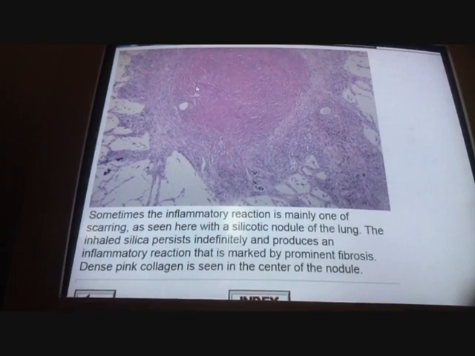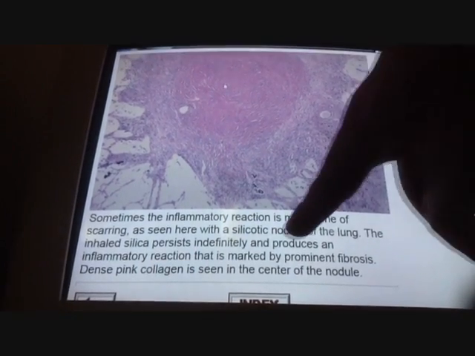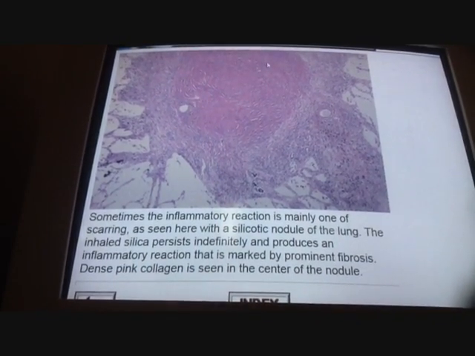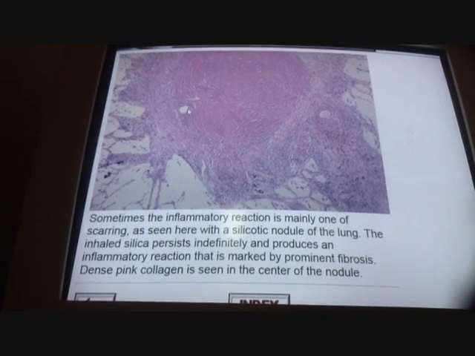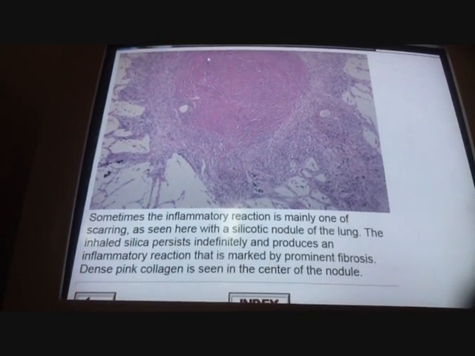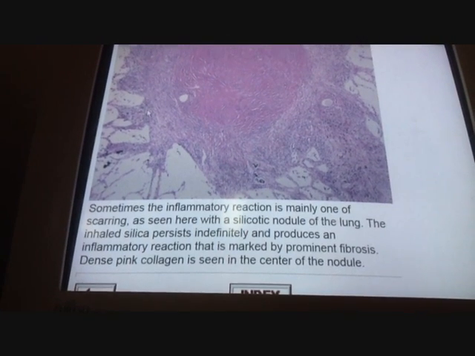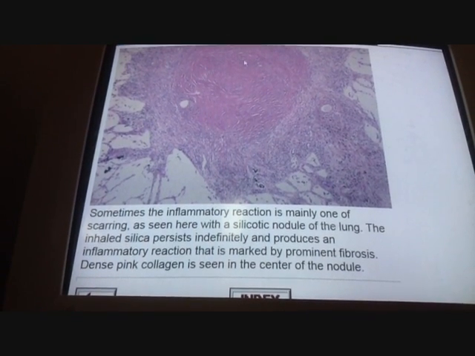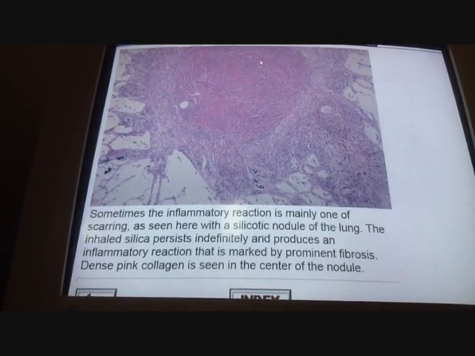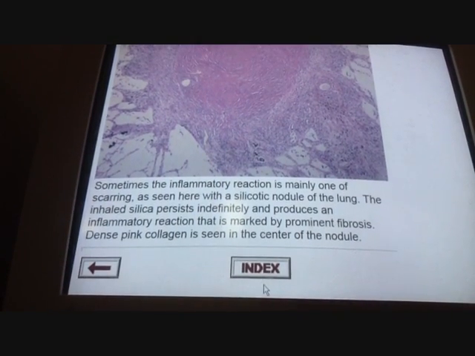And something specific to it is this dense pink collagen in the center of the nodule, which we call fibrosis. So a large nodule with central fibrosis or prominent fibrosis is a reaction for silica particles in a patient with silicosis.